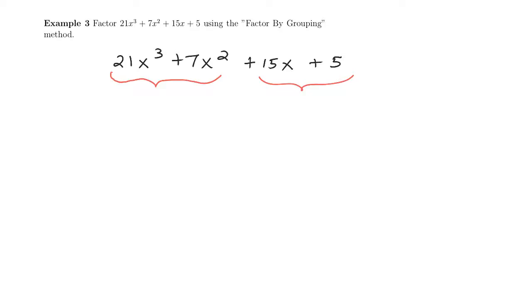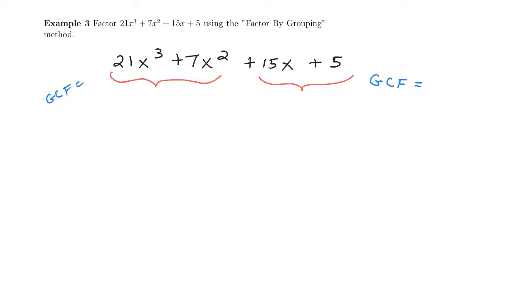So I'm really going to think of 21x cubed plus 7x squared as one thing, and then 15x plus 5 as another, so that they're like two separate pieces. So now I'm going to have two different greatest common factors that I'm going to deal with. Here on the left, there's going to be a greatest common factor for the first two terms, and on the right, there's going to be a greatest common factor as well, but it's probably just going to be different than the first one.